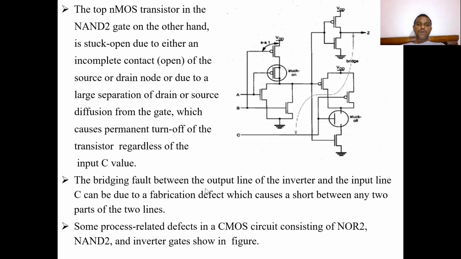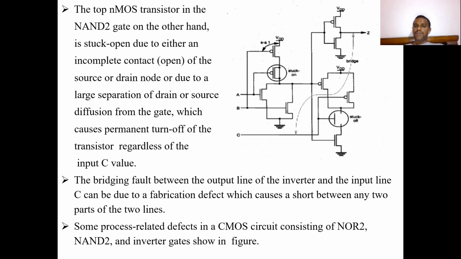Now, the bridging fault between the output line of the inverter and the input line C can be due to fabrication defects, which cause a short between any two lines. What happens here is that a direct connection is established between the output Z and C due to fabrication defects.